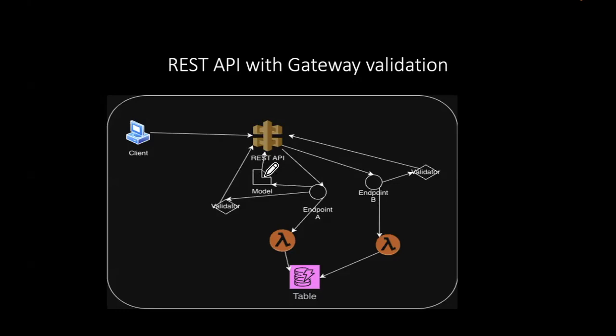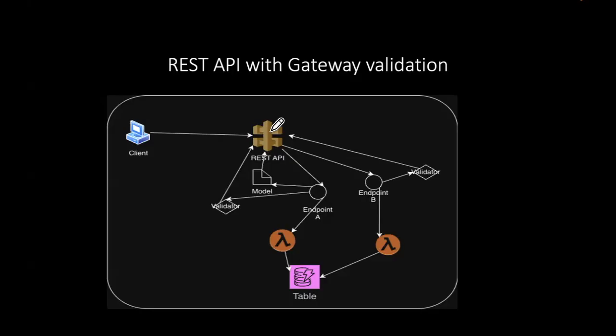So your stack file instantiates these, let's call them L2 constructs, but it also has to create these connections within the stack file. And once you've done all of that, then API Gateway does the rest.